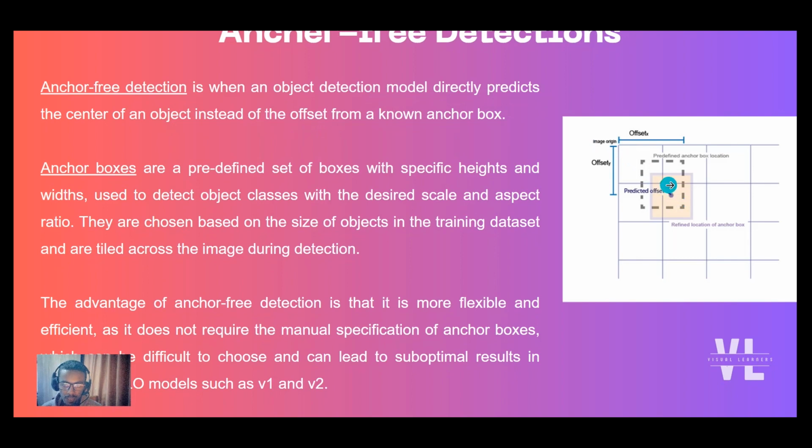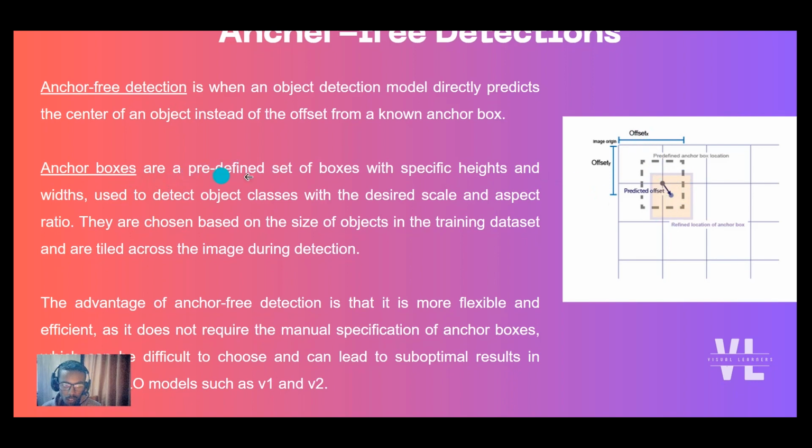So previously we have seen that in order to make a prediction box, we have to rely on an anchor box, which is going to be the base, the box that we use originally in order to predict a new box from it by adjusting the coordinates using the offsets.